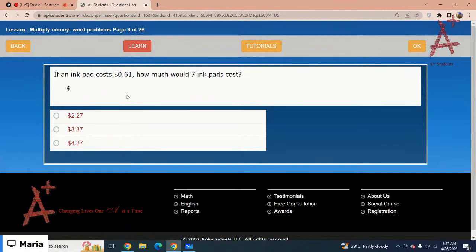So 0.61 times 7 is 7 times 1 is 7 and 7 times 6 is 42. That would be 4.27. Got it?